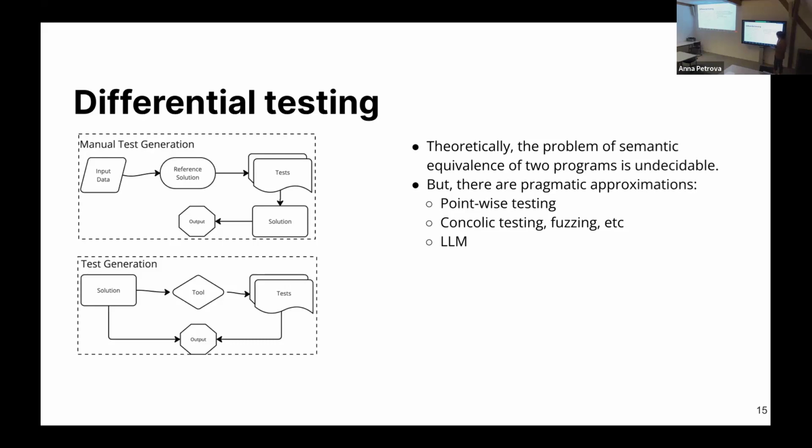The manual-test approach generates tests and compares the output of the reference solution with our solution. But our task uses automatic test generation, where we generate tests via our tools and compare the outputs of the solutions.